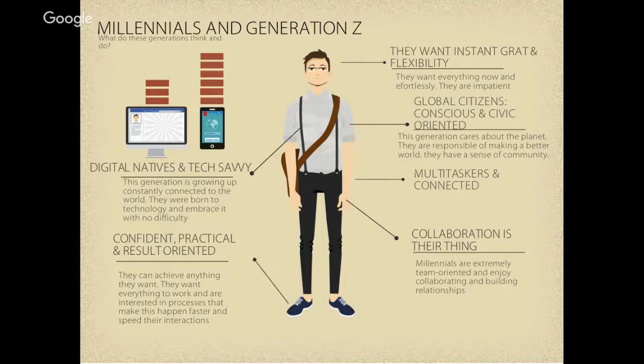They want things that are really engaging and that work. And they need processes that speed their interactions, and processes that speed the results. So this is quite important if you take into account how to design technology that will be used in the classroom, or how to pick technology that will be used in the classroom.